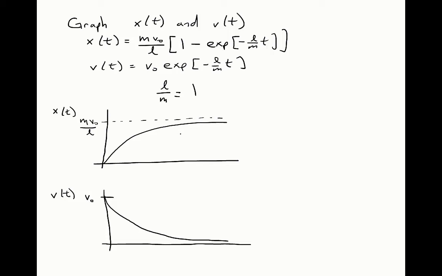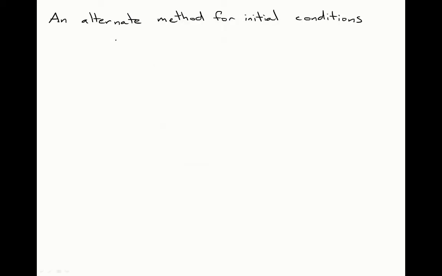Alright, so the last thing I want to talk about is an alternate method for dealing with initial conditions, which I actually think is easier for a lot of these problems. Okay, let's back up. So we were solving a separable differential equation way back when, a couple of pages ago. And then we were going to integrate both sides and get an integration constant.